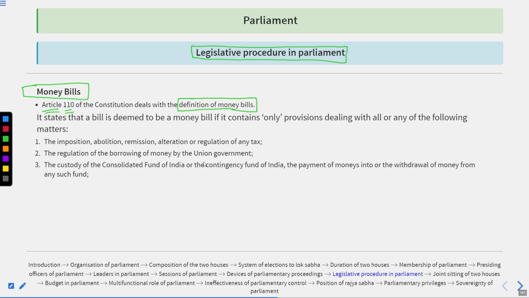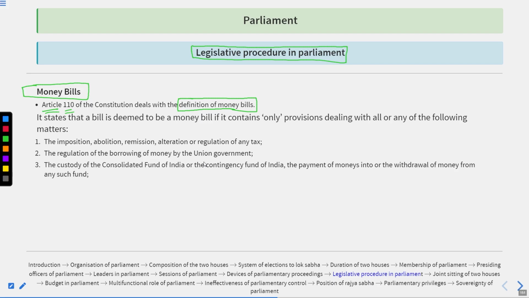The first is the ordinary bill, second is the constitutional amendment bill, third is the money bill, and fourth is the financial bill.